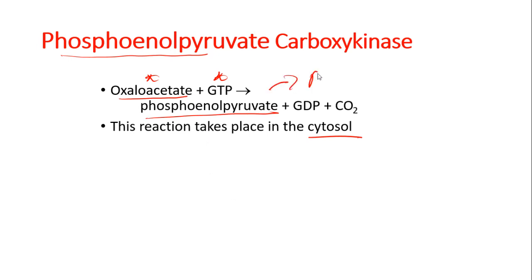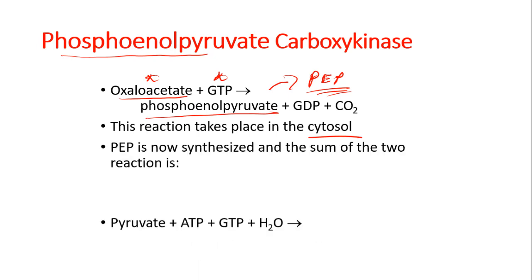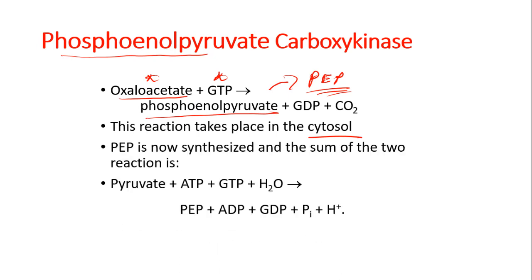Now, phosphoenolpyruvate, which I can simply abbreviate as PEP. When this guy is synthesized, it can lead to this reaction. So this is the reaction which can be summed up by PEP when it is being synthesized.